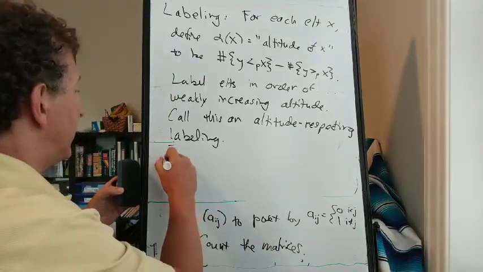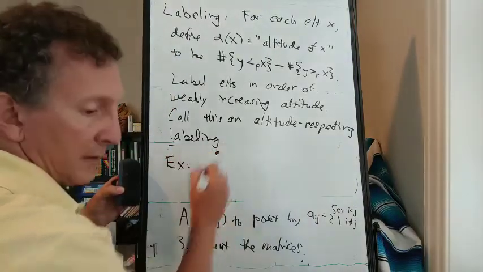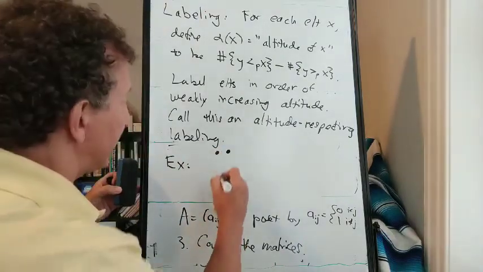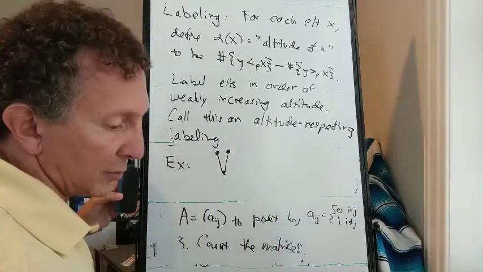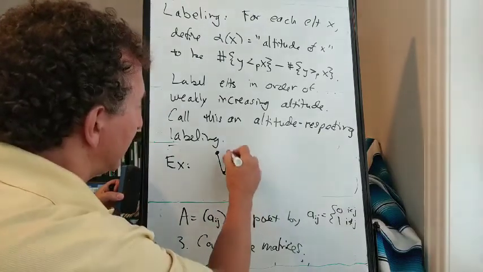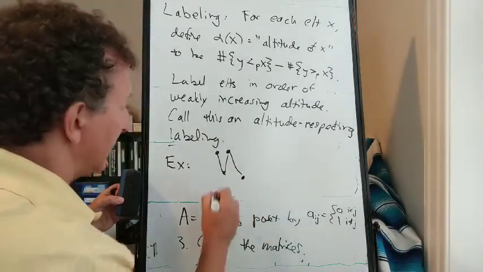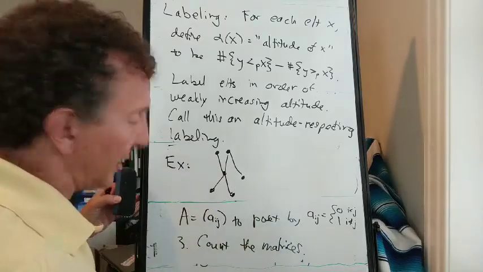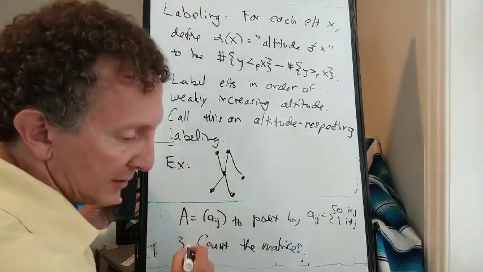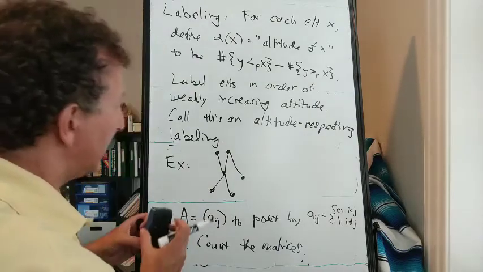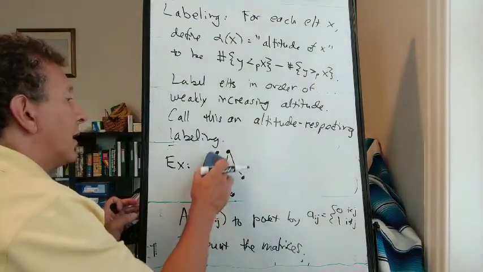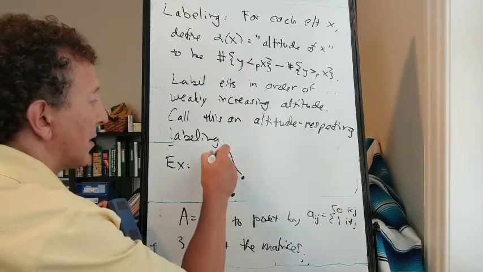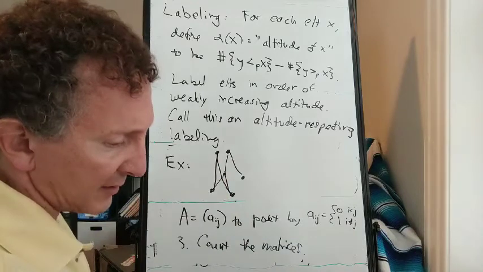So for example, let's look at a poset that has 2 maximal elements, three minimal elements, and relations like that.